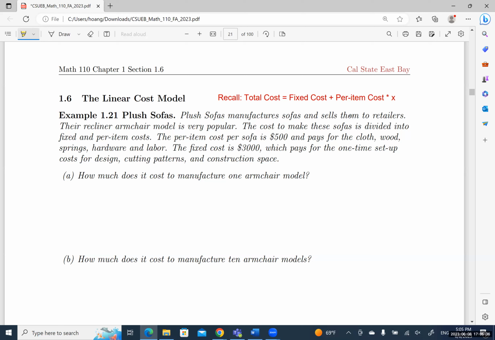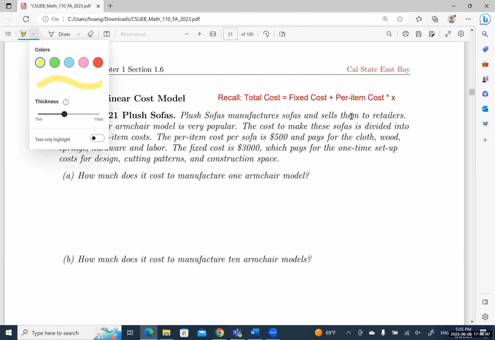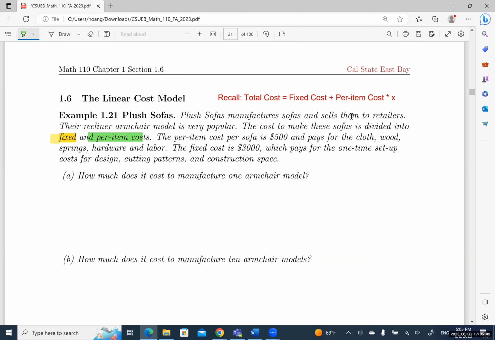The cost to make this sofa is divided into fixed cost and per item cost. All right. So per item cost for the sofa is $500. So what does that mean? That means each sofa they made, they had to pay $500 for what? For cloth, for wood, for springs, for hardware and labor, right?